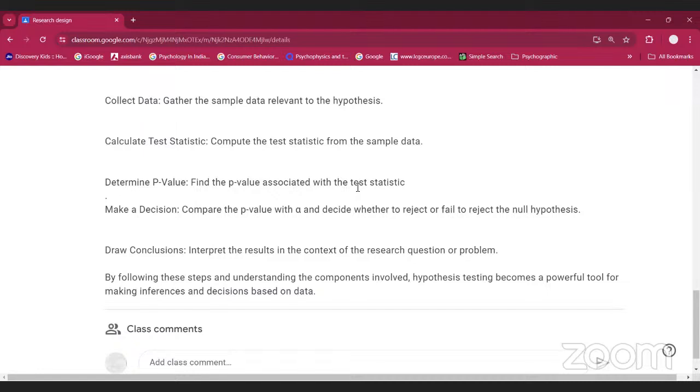But when you think it is the null hypothesis, that means your population mean and sample mean are similar.